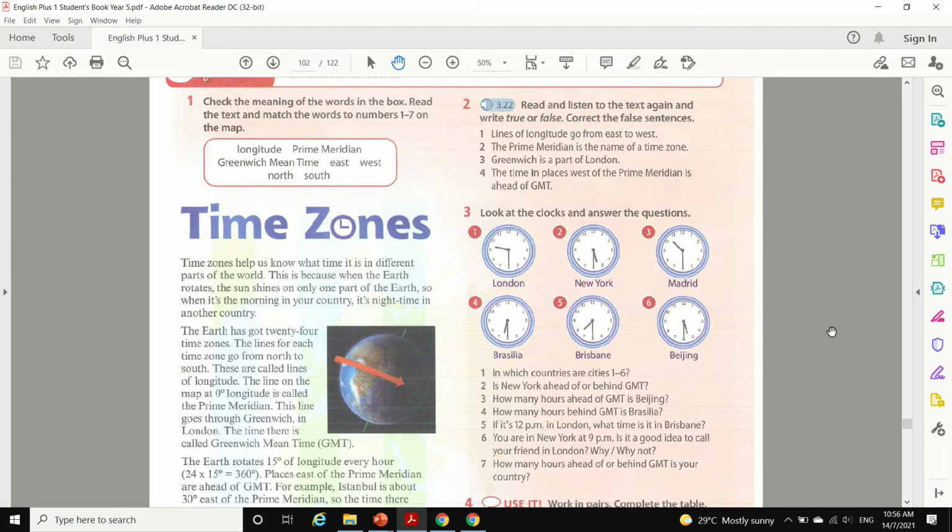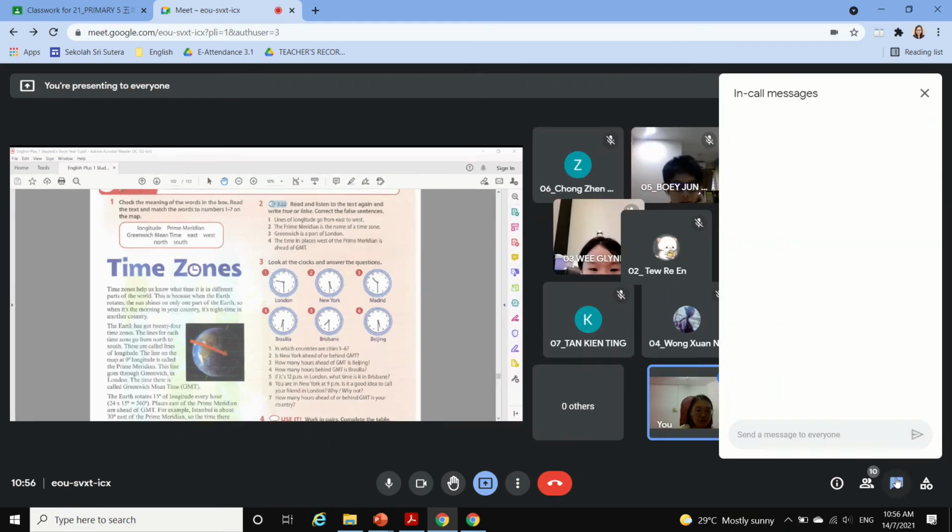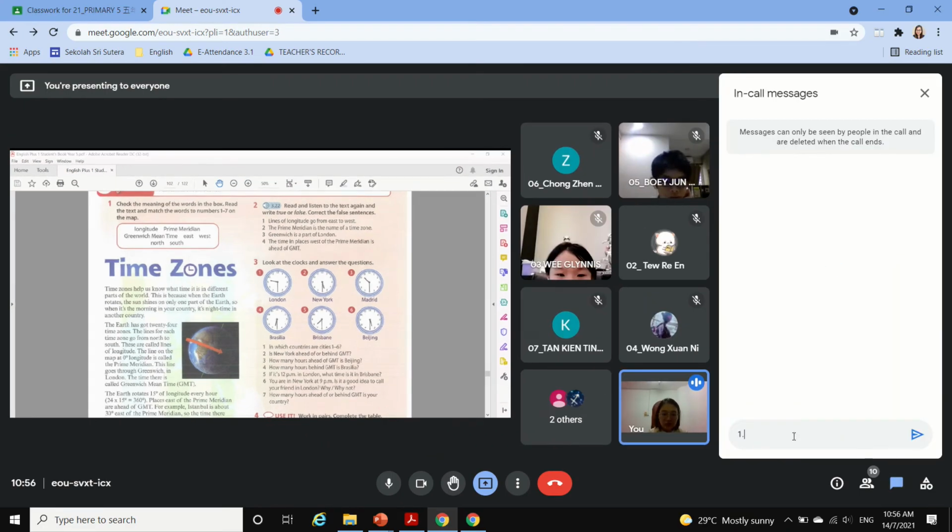So it's from north to south. Okay, so you have to correct it. Number one is false. So you have to change east to west to north to south.